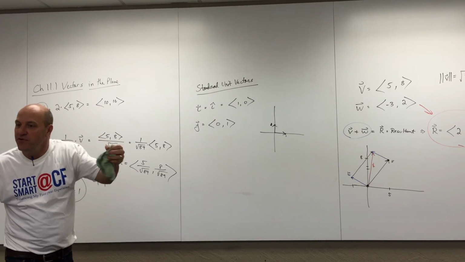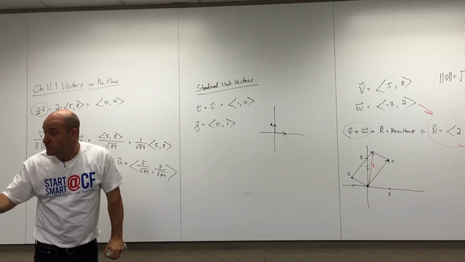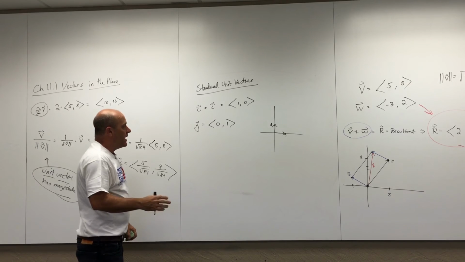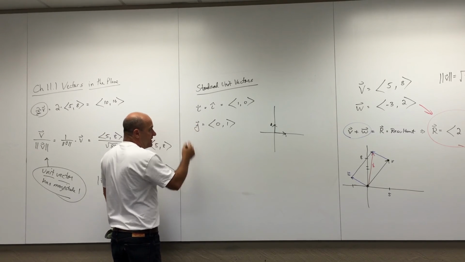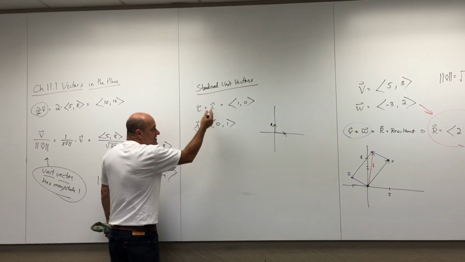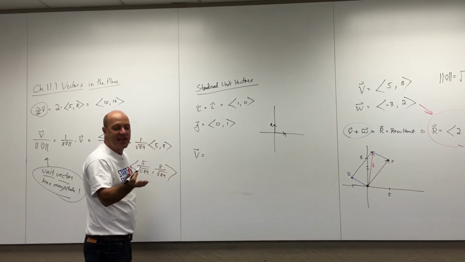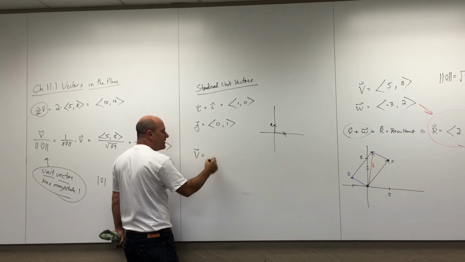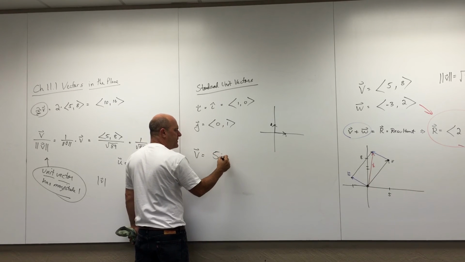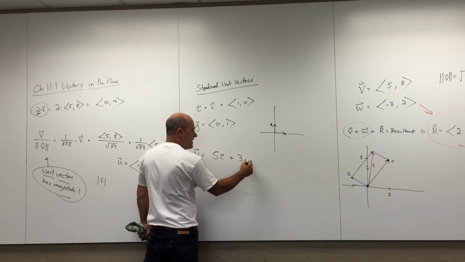So this is another notation for vectors that confuses students. I don't want it to confuse you, because this is all it is. Now watch. I can talk about vectors using i and j notation. So I can talk about this vector, the vector 5i plus 3j.